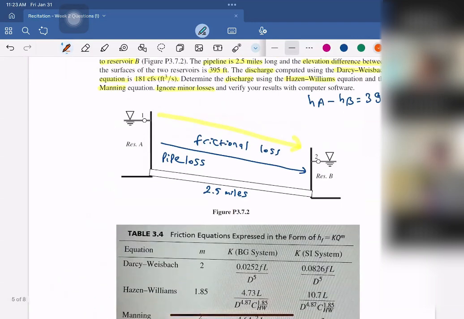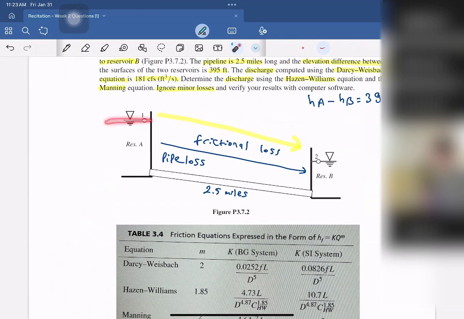And it is mainly because, assume that these are reservoirs, and since they are very large, and we are considering the velocity at this surface, there will be just some minor velocity here. I mean, there will be no significant movement, of course. So since it is very close to zero, we can ignore velocities at these surfaces.